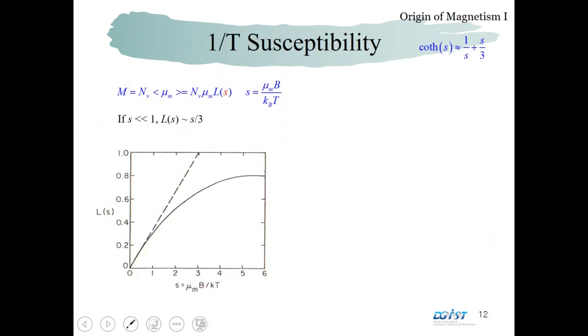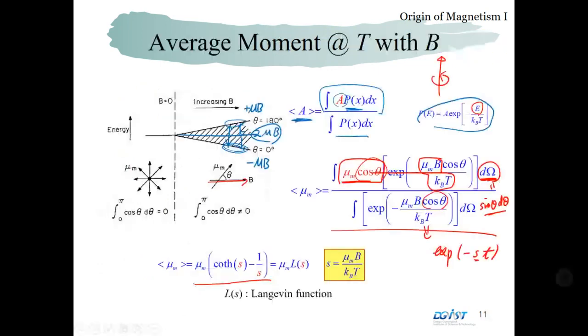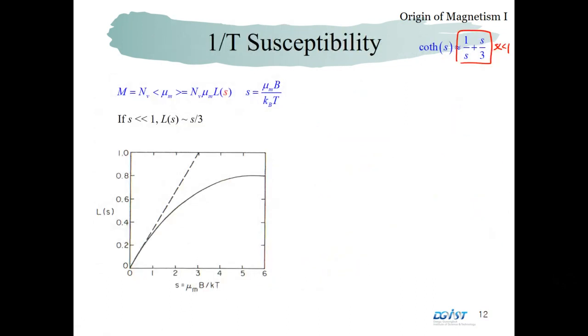Here we have a mathematical expression of cotangent S for small S. If S is small, then we have such an approximation. And for the Langevin function, these terms cancel out, and this is the leading term of the Langevin function.